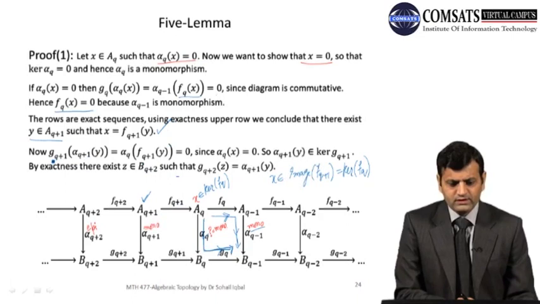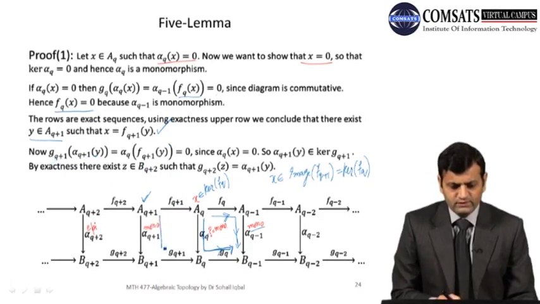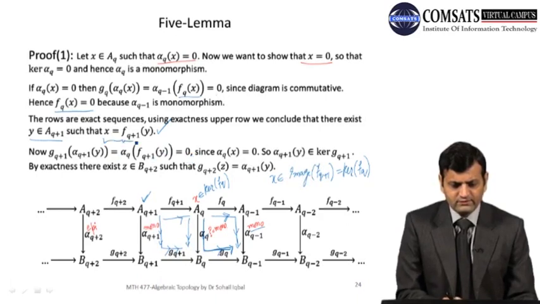Now consider these two routes. Apply alpha q plus 1 first and then g q plus 1, or apply f q plus 1 and then alpha q. Follow these two routes on y and you must get 0. The reason is that x is equal to f q plus 1 of y, and when we apply alpha q on x, we already know that alpha q of x is 0.